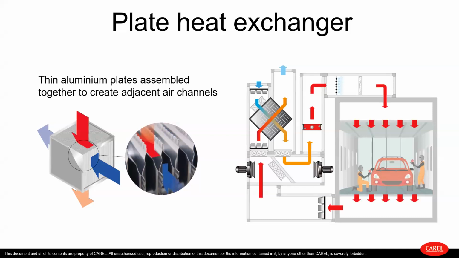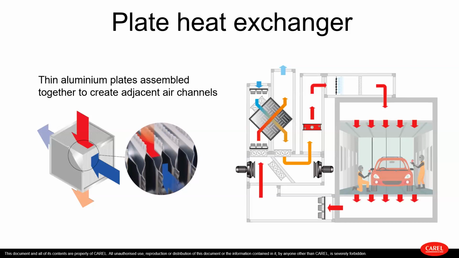So let's think about aluminum plates of 0.12 millimeter thickness, so really thin, which are combined together to create air gaps in order to create channels for the two airflows. One is the return air, the other one is the supply air. This package is then assembled together with the casing to create the plate heat exchanger.